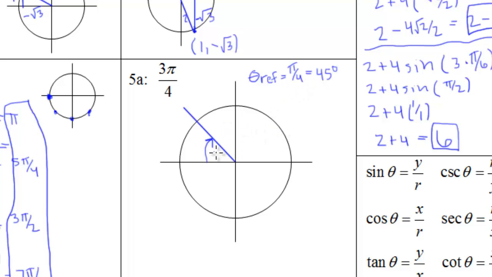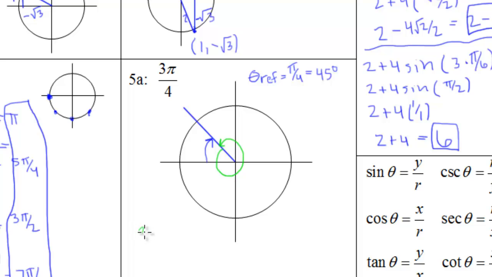Okay, then we need angles that land in this same place. So all you need to do to find those is add 2 pi to 3 pi over 4, then add 2 pi again, add 2 pi again. You could keep doing that over and over again, or you could subtract 2 pi. So if you add 2 pi, you will go from here in this direction.